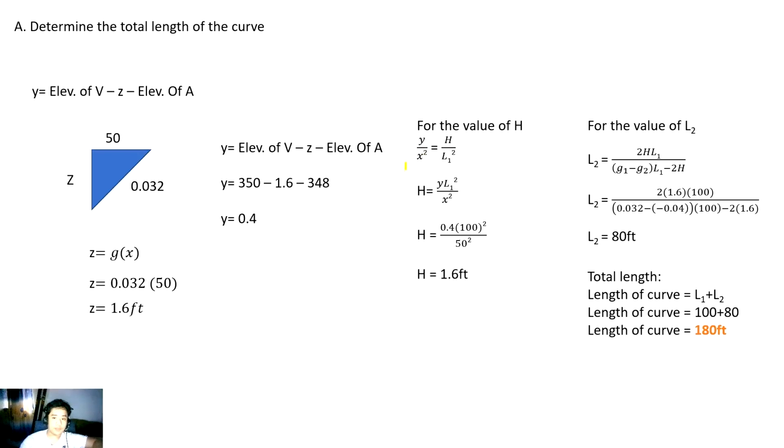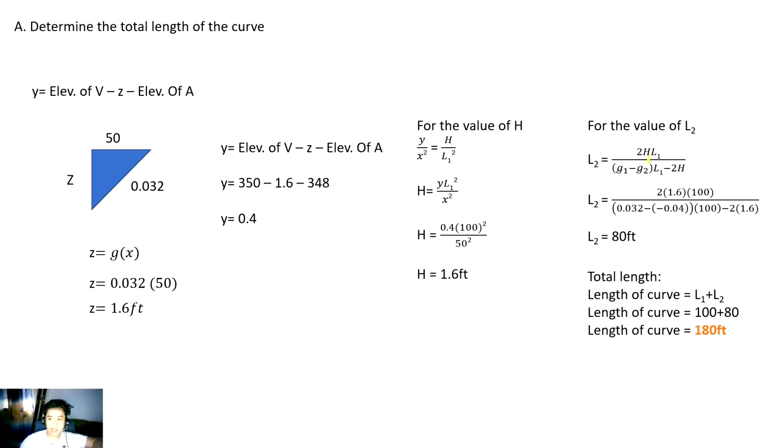So, de-derive ulit natin siya. So, magiging h equals to y L1 squared over x squared. So, substitute lang natin. So, ang y natin ay 0.4. Then, ang L natin ay 100 squared. Then, 50 squared naman ang ating x. So, pag na-solve natin yan, makukuha natin yung 1.6 feet.